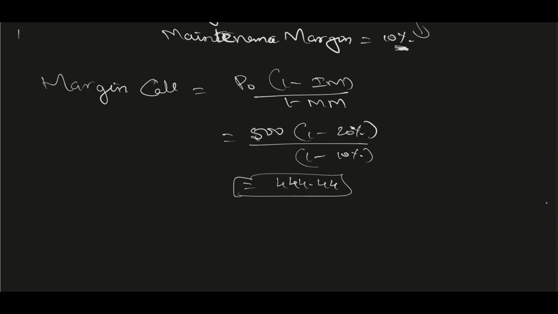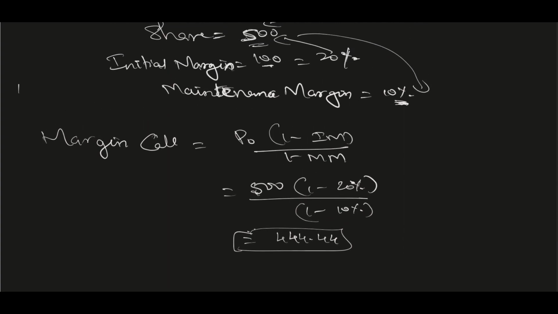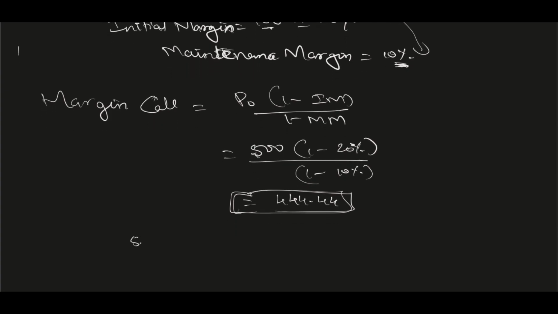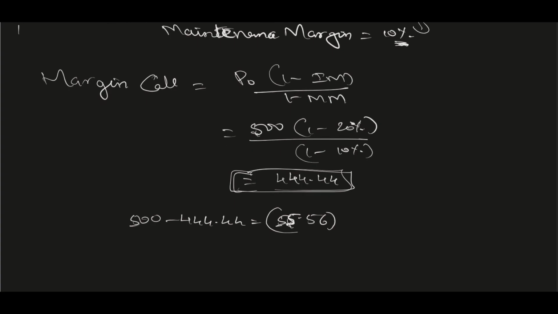When you entered into the contract at 500 and it has come down to 444, how much have you lost? 500 minus 444.44 comes to 55.56. You have lost this much money.